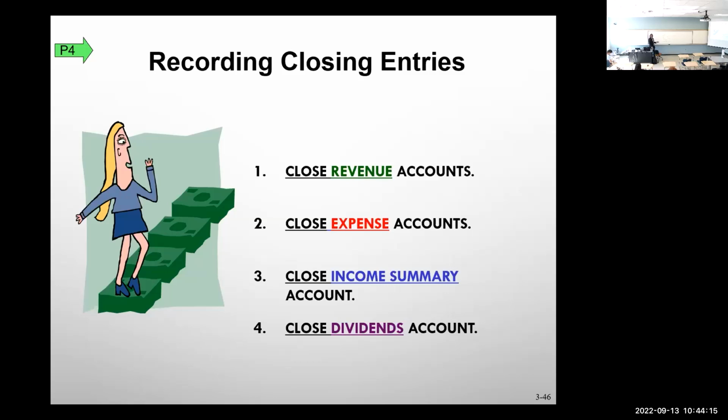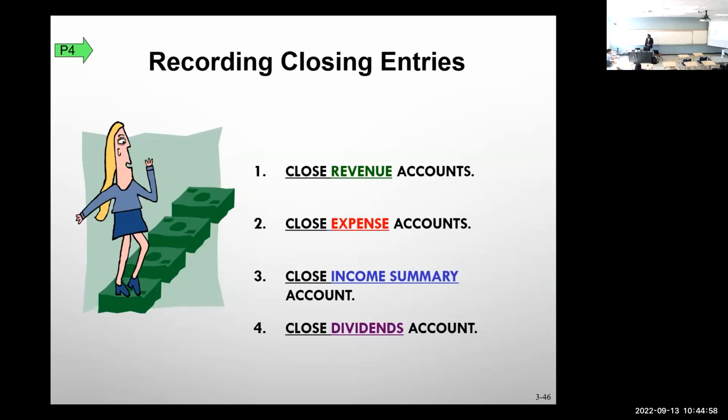That means the pre-closing balance sheet should equal the post-closing balance sheet. Everybody with me? Now the income statement post-closing should equal zero.